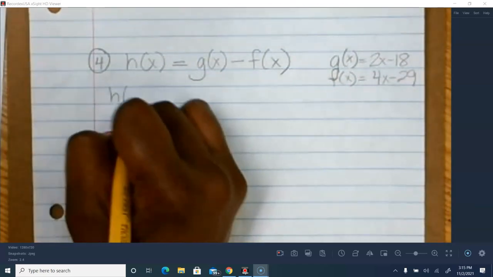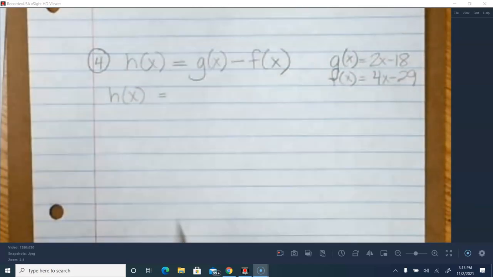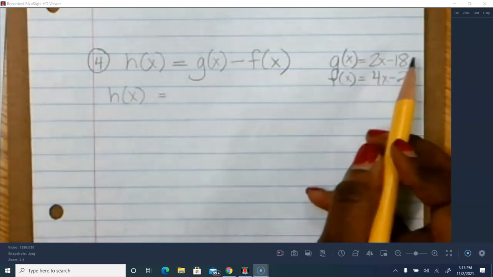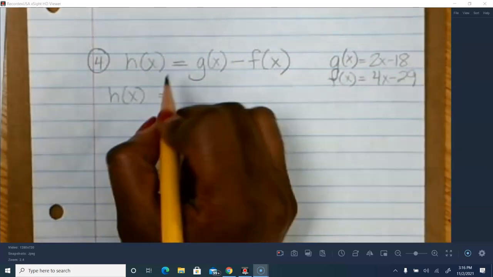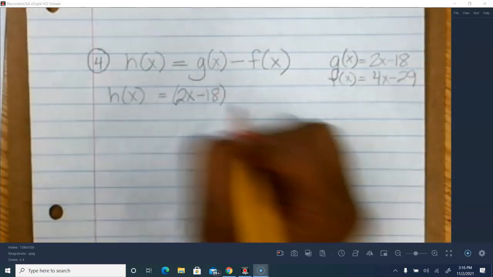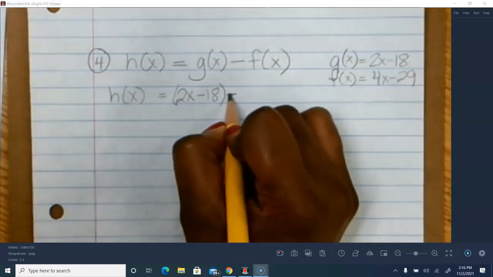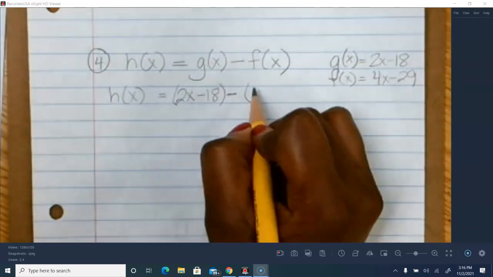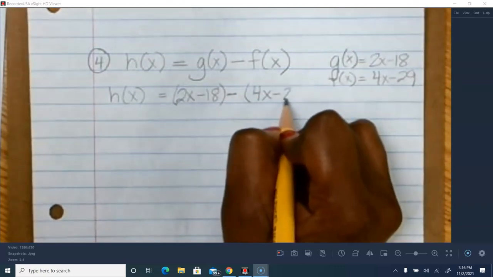So h of x, again, I'm skipping lines, but I'm going to leave all of my terms lined up. G of x is going to be 2x minus 18, so I'm going to replace g of x with 2x minus 18. I'm going to put that in parentheses, minus, what am I subtracting? The whole f of x, which is 4x minus 29.